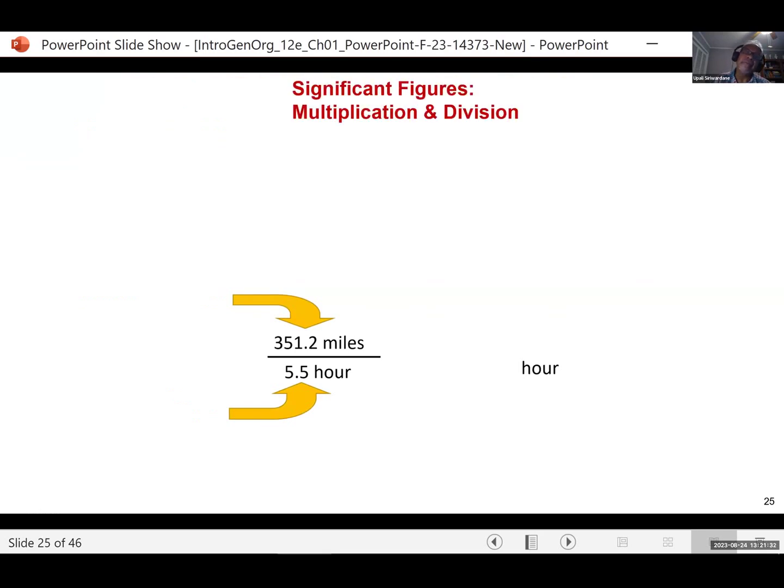Now, multiplication and division follow different rules. These two numbers are divided. Now you don't look at the decimal places. For multiplication and division, you look at significant digits. 4 here, and 5.5 has 2 significant digits.